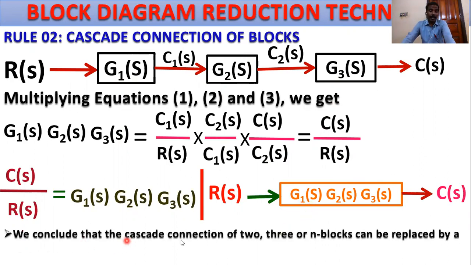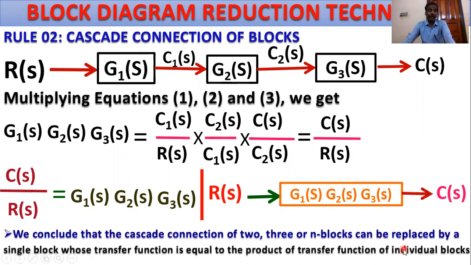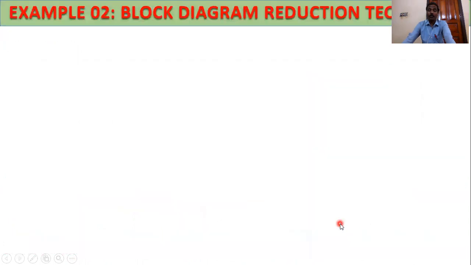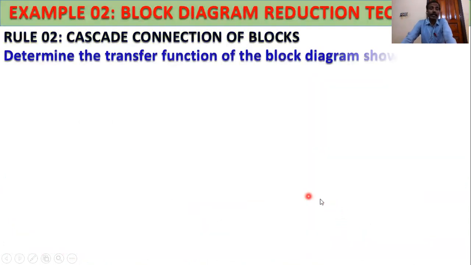We concluded that the cascade connection of 2, 3, or n blocks can be replaced by a single block whose transfer function equals the product of the transfer functions of the individual blocks.